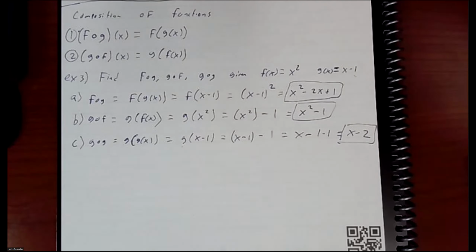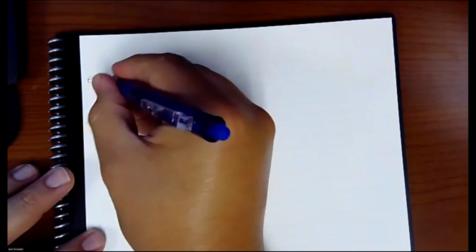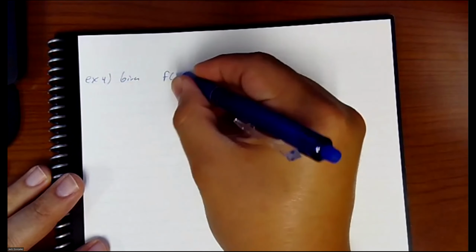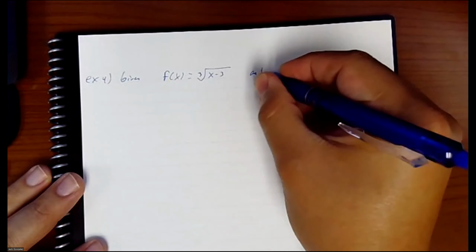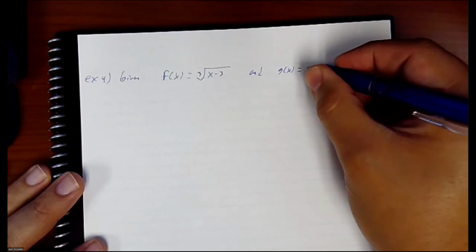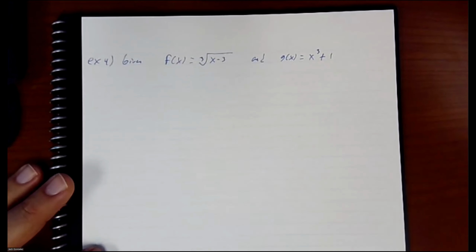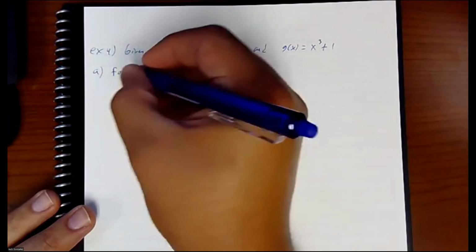Okay, let's do the domain part because that's the hard part. So given f of x equal to the cube root of x minus 3, part A says find f of g.